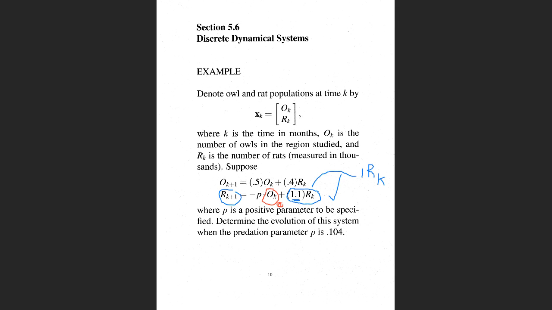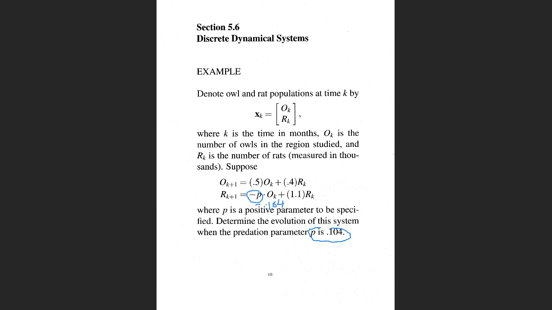Okay. All right. And let's look at this another way. So P is 0.104. Why is this value here in front of the number of owls in the kth month negative 0.104?